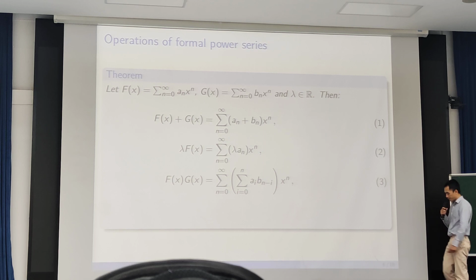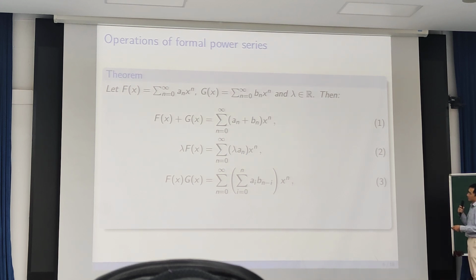Okay, and now we do something a little more complicated. Here we have seen the product of a formal power series with a number, and here we will see that the product of two formal power series is also a formal power series.